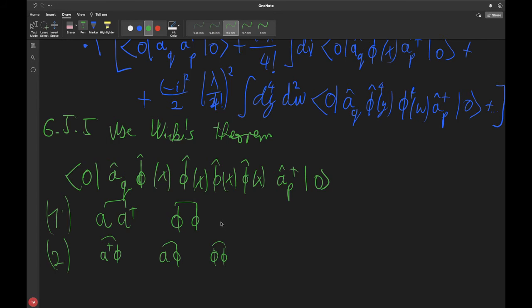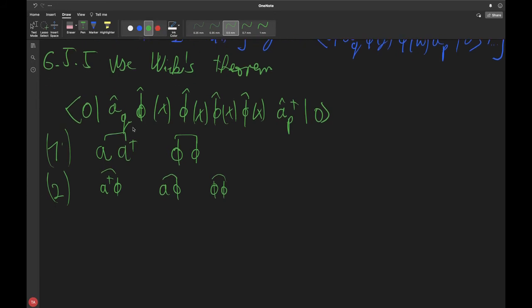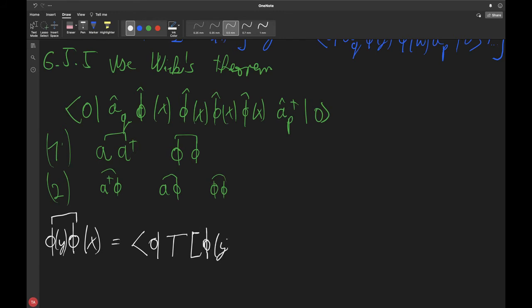So then, let's discuss these cases. Let's say that we do the contraction of the phi at x with the phi at y. That will be the vacuum, the time ordering of phi y, phi x, acting on the vacuum.